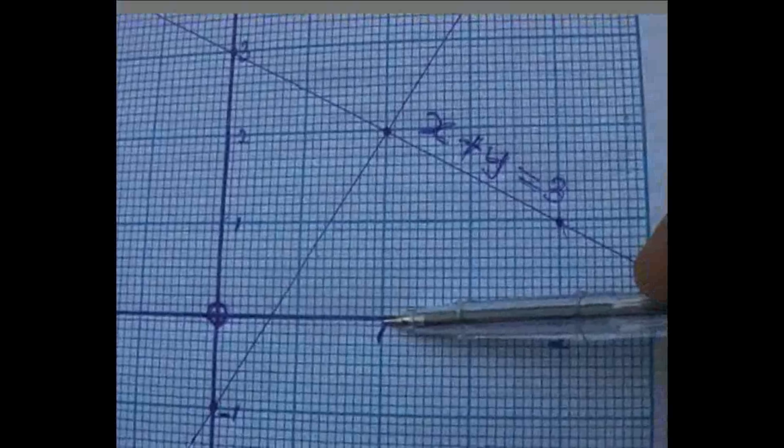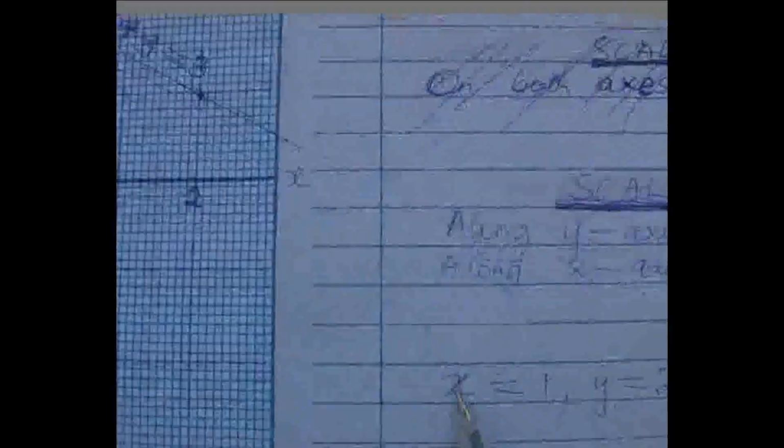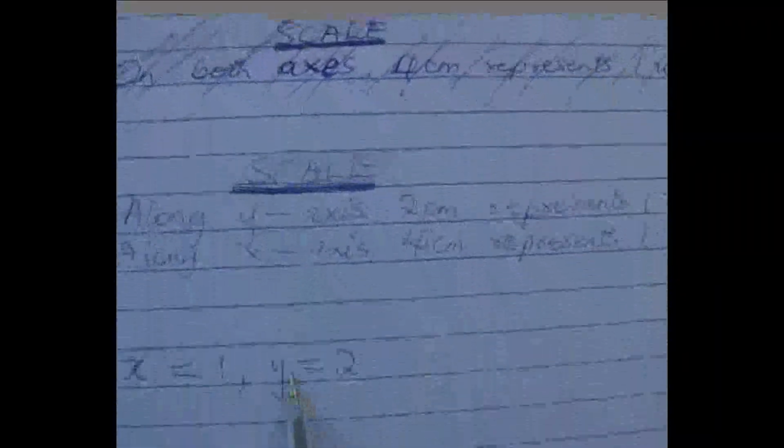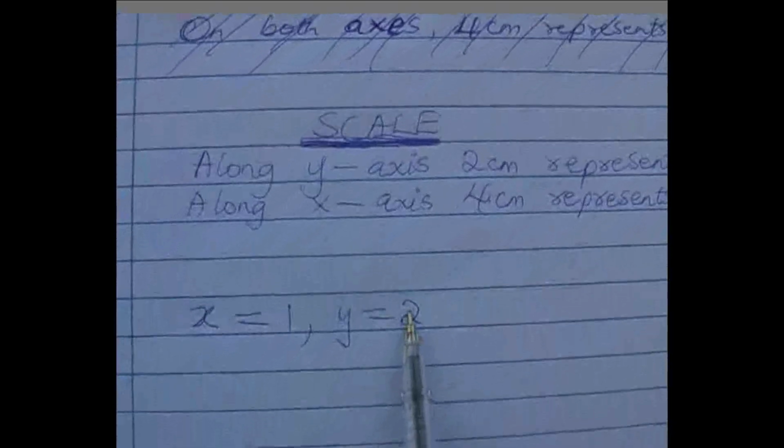Now you can see that the vertical value of x meets here at 1. That shows us that x is equal to 1. And if you trace the horizontal value, you'll find out that it meets 2. That shows that y is equal to 2.